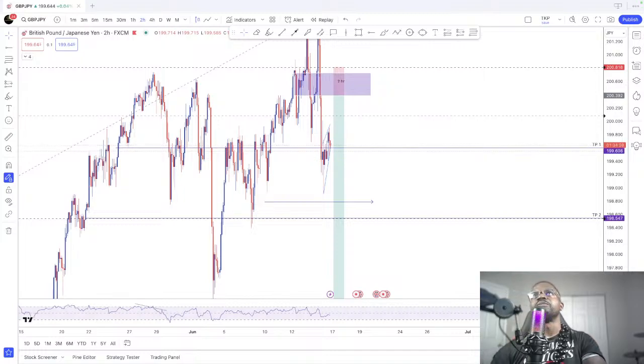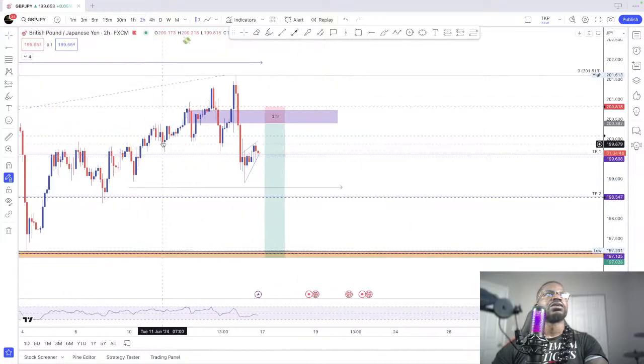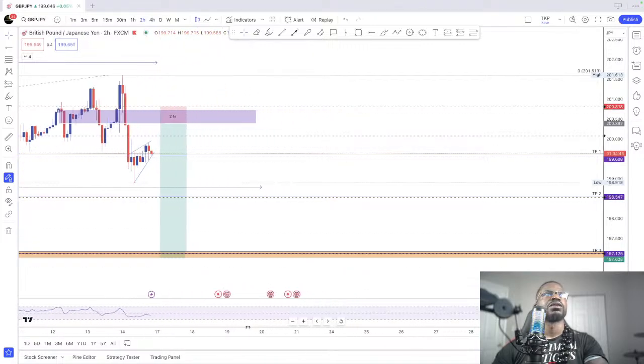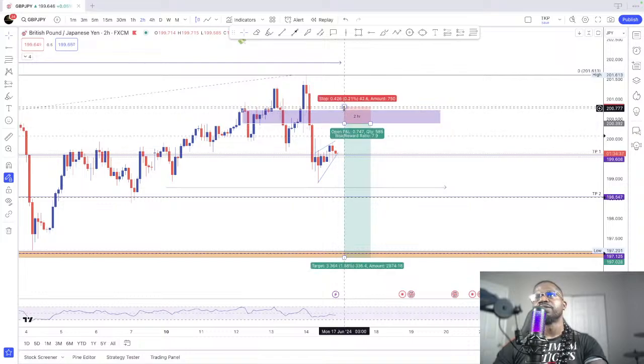So that 15-minute zone that you just saw, TP, it falls right underneath this gap right here. That's at the structural level. So we'll most likely get a safer trade going off of the 2 hour zone than the 15-minute.